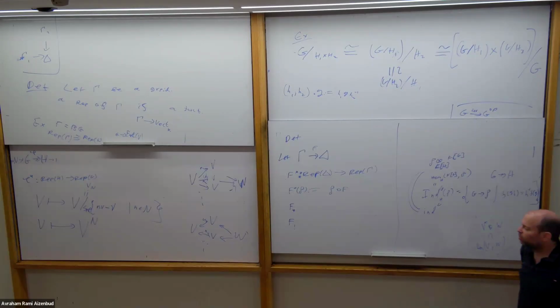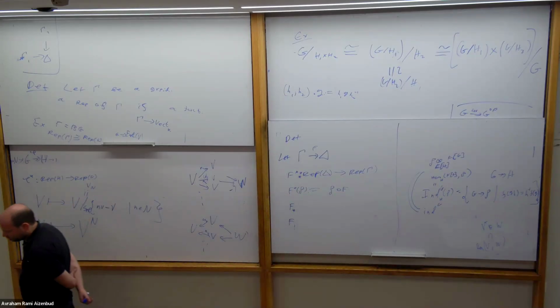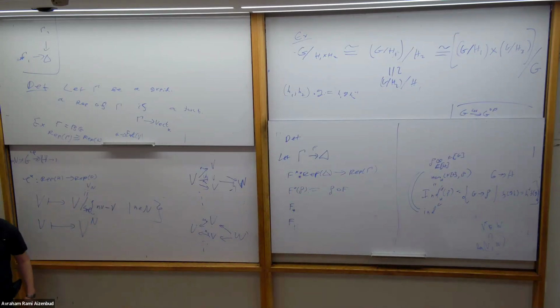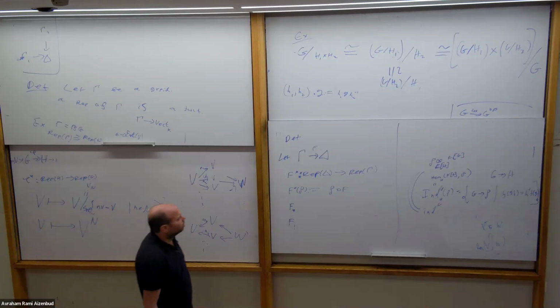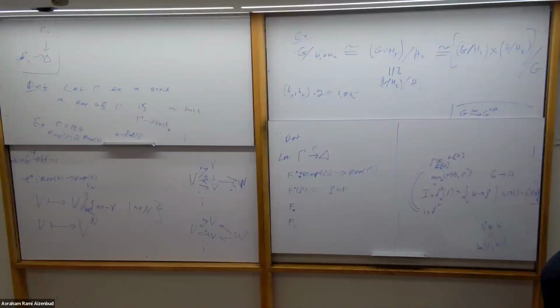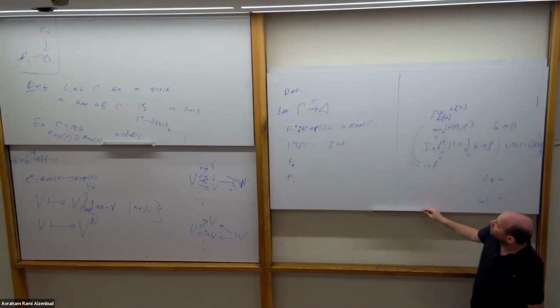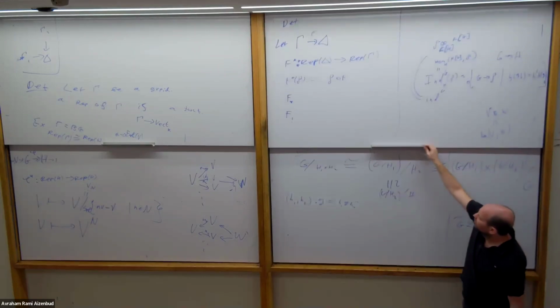Now, this was one example. What happens for general maps of groupoids? So you can basically repeat the formula for the kind of extension that we studied. But let's see. I think it is basically rather simple.